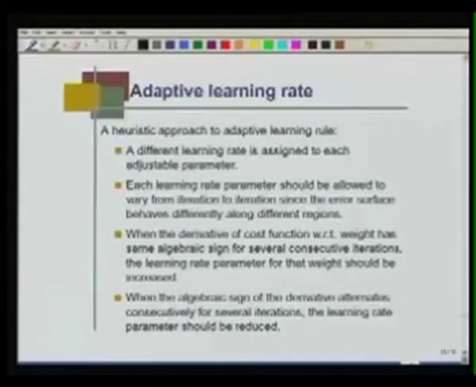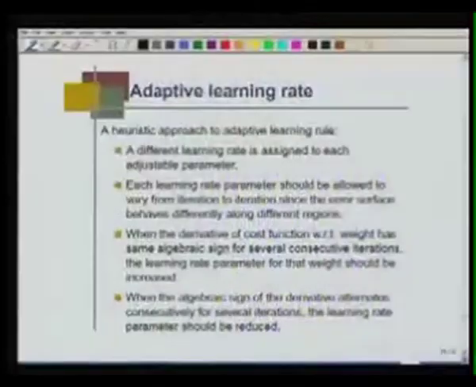Similarly, adaptive learning rate, for this we will have a special class, but today I will just give a simple note on how we implement adaptive learning rate in a heuristic manner. So, a heuristic approach to adaptive learning rate. You see that in back propagation, eta is a fixed value.